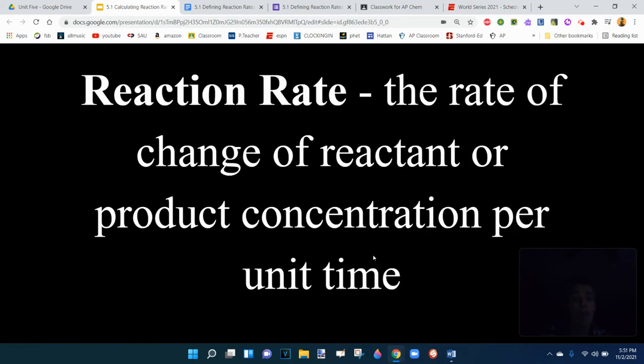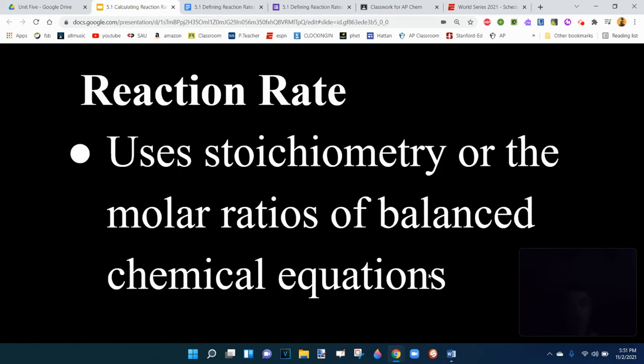And here is your definition of a reaction rate. It's much like a speed, where speed is distance over time, or this is a concentration over time. We're going to use stoichiometry, as it says.